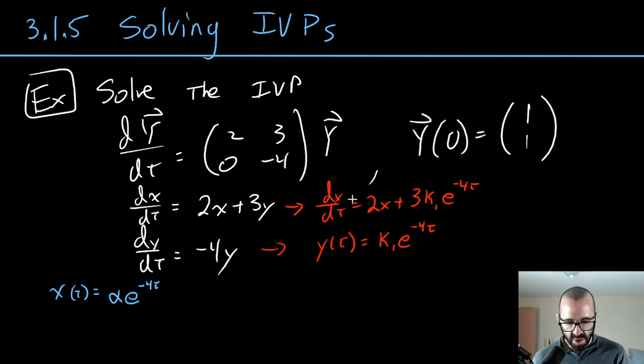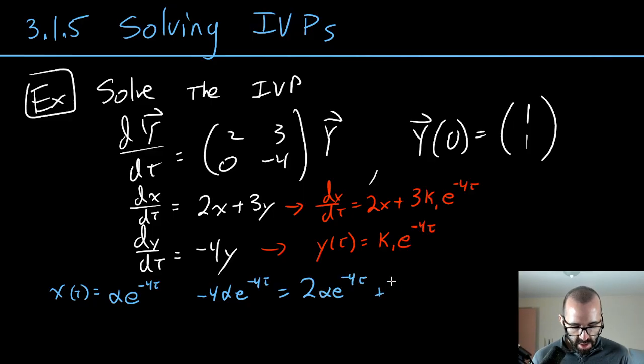So we plug in. What does the left-hand side become? That's going to be negative 4 alpha e to the negative 4t. We need that to equal 2 times x, which is alpha e to the negative 4t, plus 3 times this constant times e to the negative 4t. Everything has e to the negative 4t, so we don't care about that.